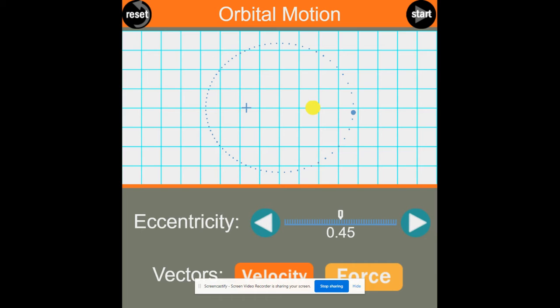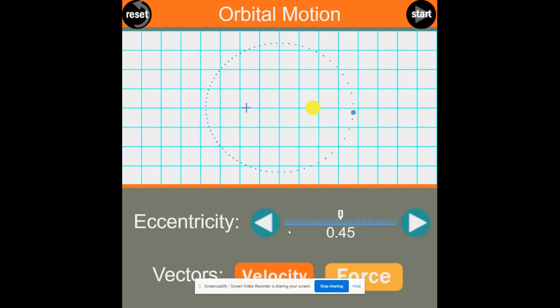Now, some of the planets get very close, but they are not. They are a little bit oval or egg-shaped, and the word we use for that is an ellipse. And so what we want to use this simulation for is to try to understand why they're not perfect circles. And we also want to look for a couple of interesting patterns, okay?